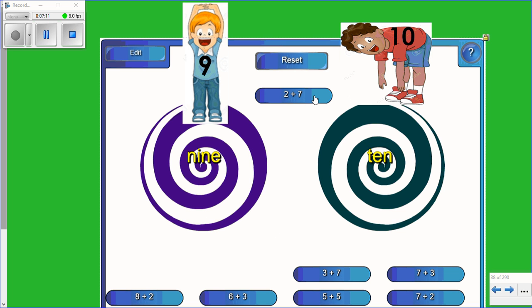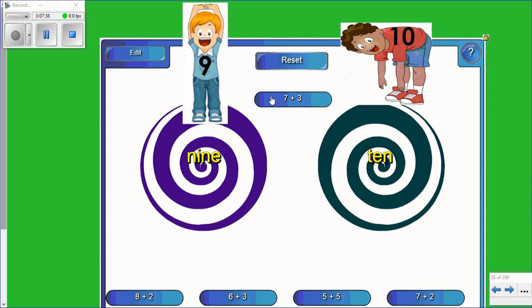2 plus 7. Stretching up for 9. Ready? 3 plus 7. Bending down for 10. Ready? 7 plus 3.